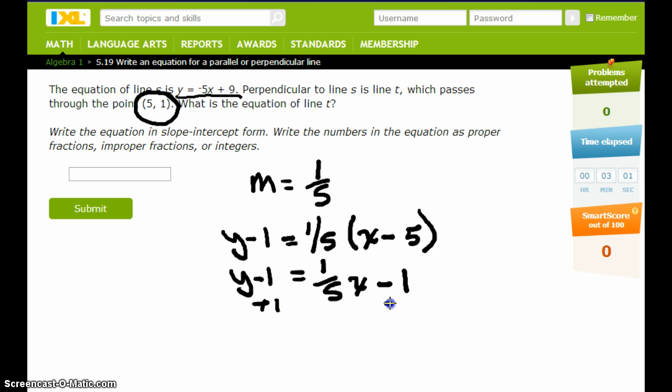I can add 1 to both sides. Y equals 1/5 x. And now I can do a quick check to make sure that my equation fits. 1/5 is the negative reciprocal, so I know it's perpendicular. I plug in 5 here. 1/5 of 5 is 1, and my y is 1.